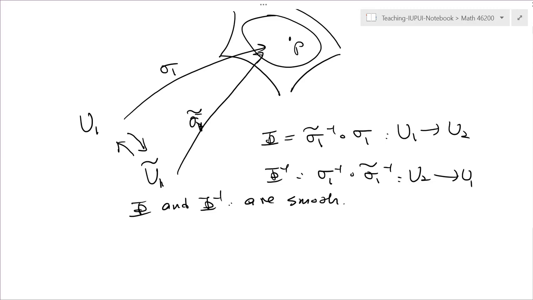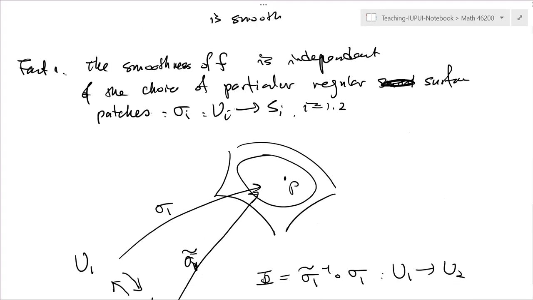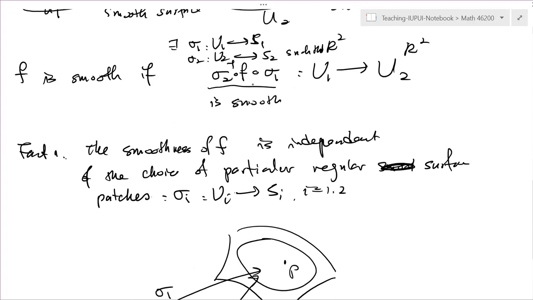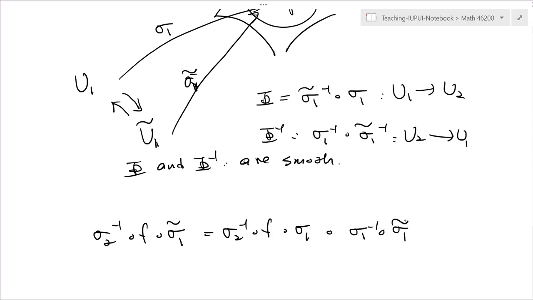Suppose sigma 1 is replaced by sigma 1 tilde. Let's look at the function above. Why will this smoothness not change? You can write it in the following way.